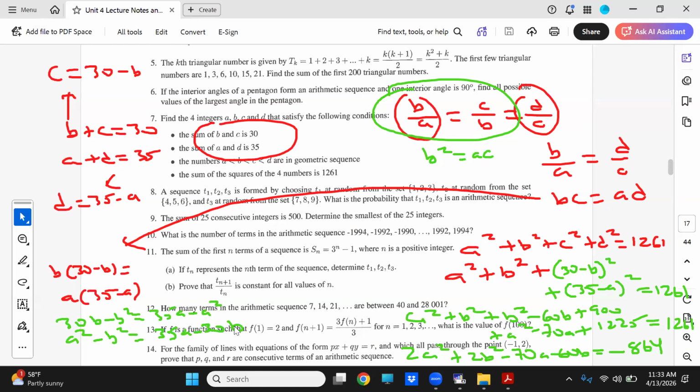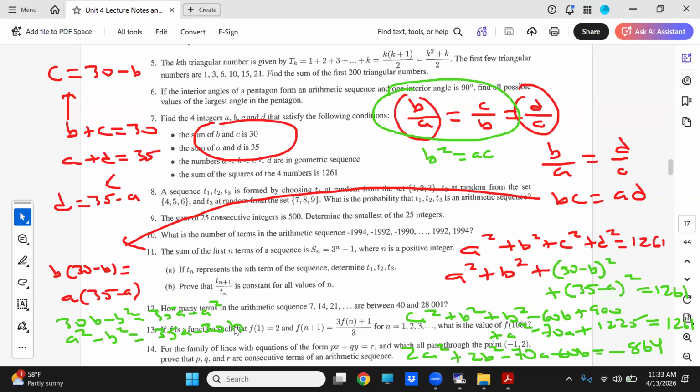What happens if I add the equations? What goes away? So 4A squared minus 140A equals 864. Divide both sides by 4: A squared minus 35A equals 216.